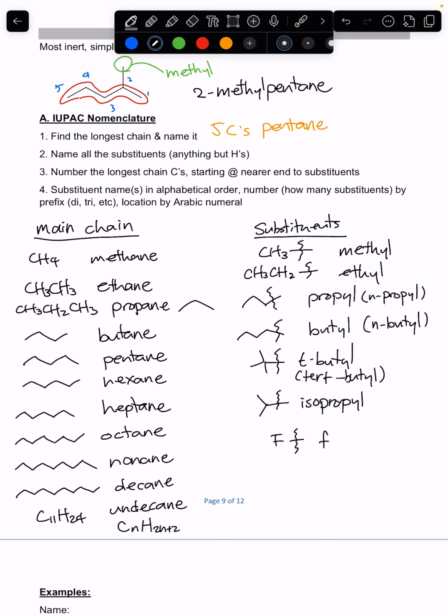This would be called the fluoro group after fluorine. Notice the spelling. And this would be chlorine or chloro group. And at this point, you could probably guess what this would be called. This would be bromo group. And this would be iodo group.